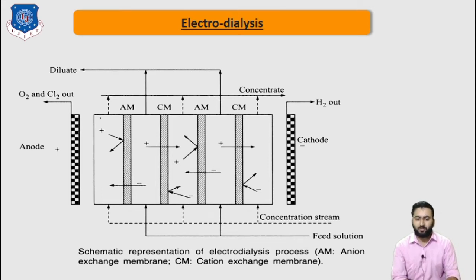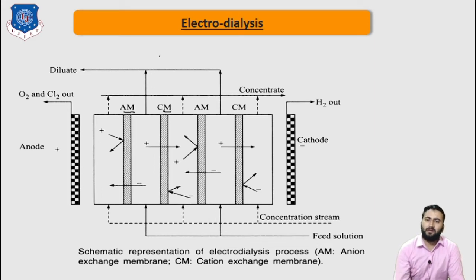Here we can see the two electrodes, one is an anode and the second is a cathode. During transportation, anions permeate through the anion selective membrane, and cations pass through the cation selective membrane. AM represents the anion membrane, CM represents the cation membrane.